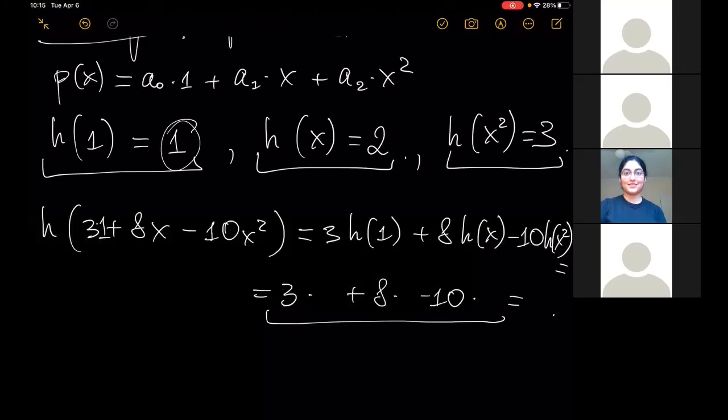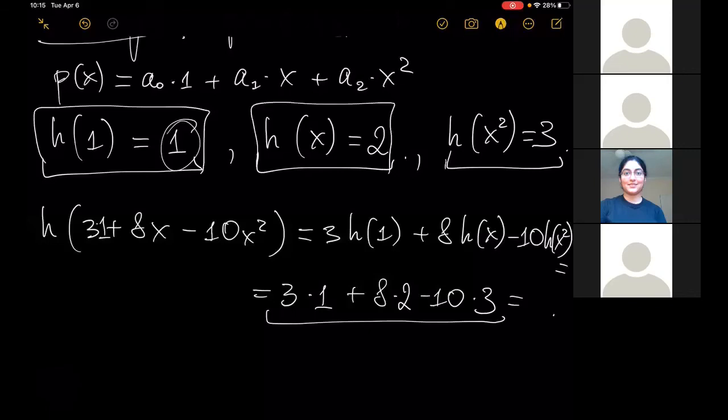Well, with the 3 you need a 1, then with the 8 a 2, and then with the 10 a 3. So you see, if I determine just how my homomorphism acts on the vectors of some basis in my domain, I immediately know the result of application of this homomorphism to any vector in the domain. Is it clear or not?